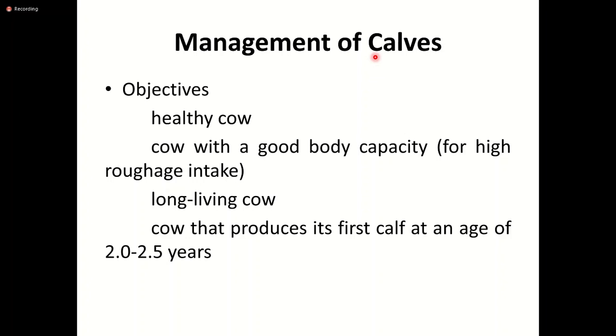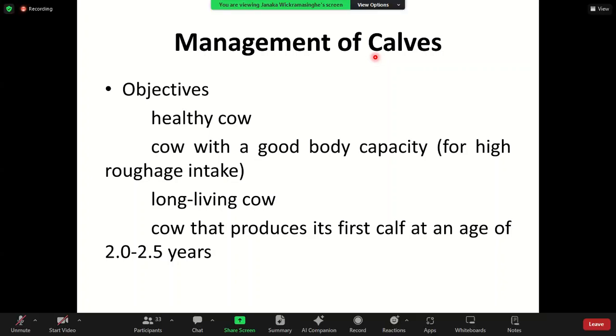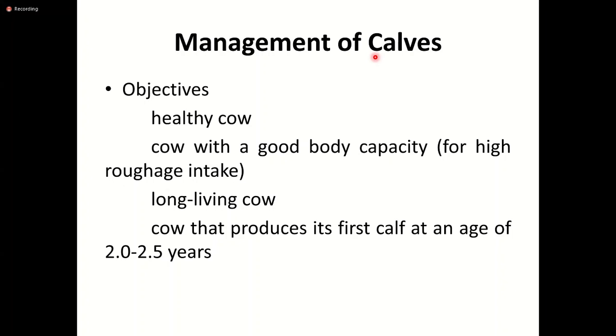The next target is that a calf born today should be able to give birth to a calf within 2 years of age. We breed them at around one and a half years, maybe 18 months onward.